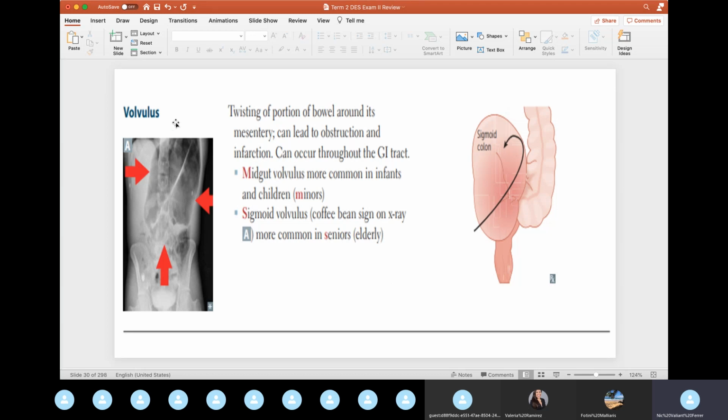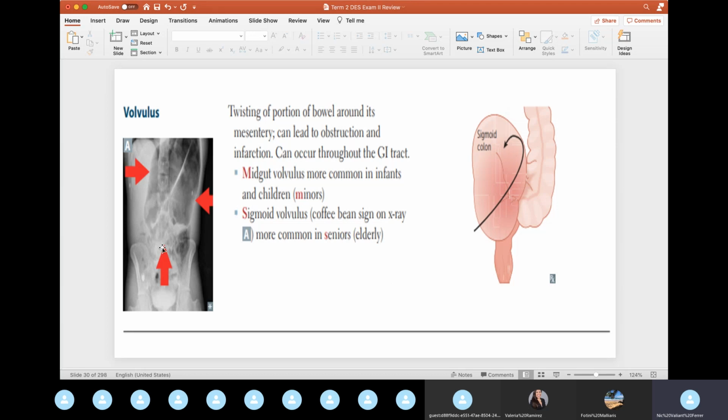Again, volvulus: twisting of a portion of bowel around its mesentery. So you have a mesentery, and then a portion of the bowel twists around that mesentery. It can lead to obstruction and infarction. It can occur throughout the GI tract. Midgut volvulus is more common in minors, children, and infants. Sigmoid volvulus, you can see here the coffee bean sign. Look at this one, it looks like a coffee bean.